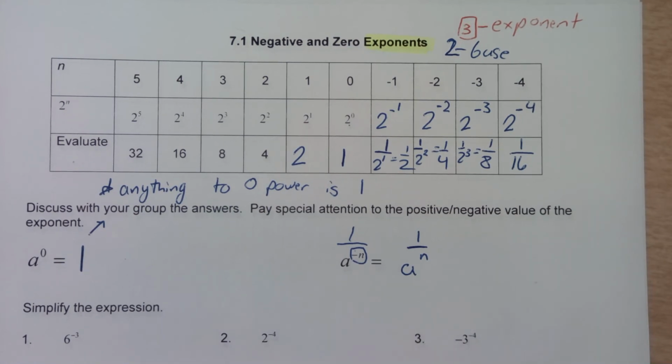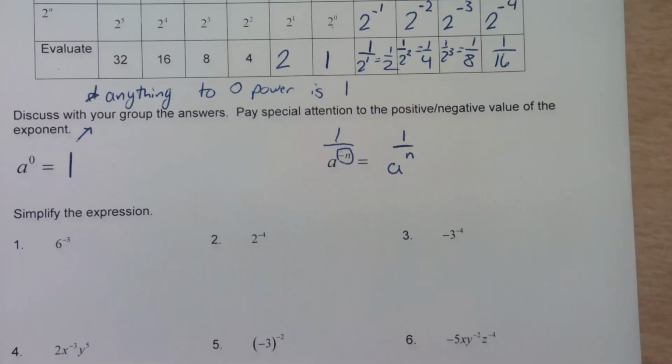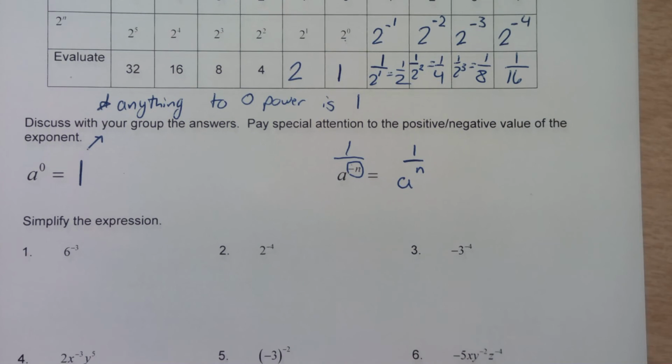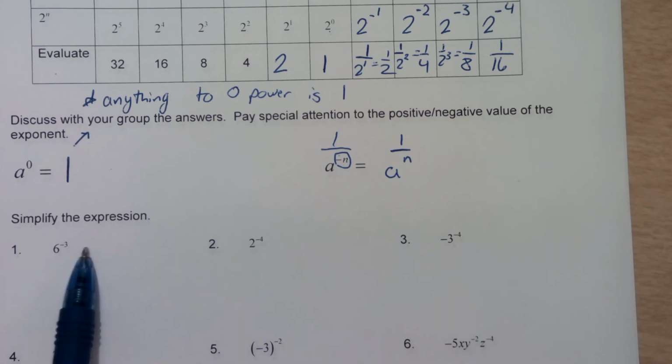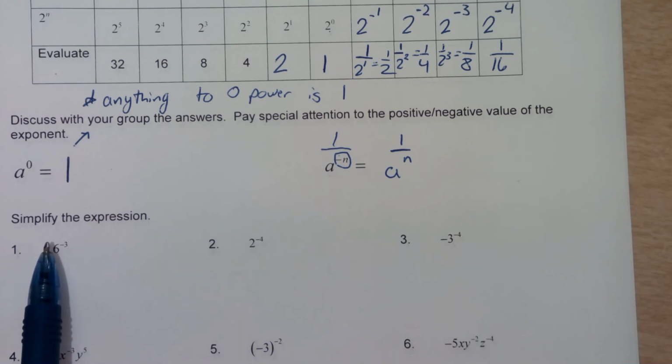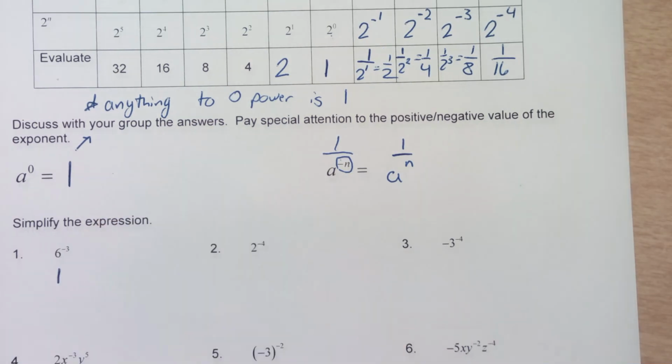Okay. So this first example here says to simplify our expression. When we are simplifying our expression, we are just figuring out what 6 to the negative 3 is. So like I said before, anytime we have a negative exponent, the negative exponent goes to the bottom with my number that it's attached to, with my base, and I put a 1 on top. So this 6 to the negative third, my first step is to put a 1 on top.